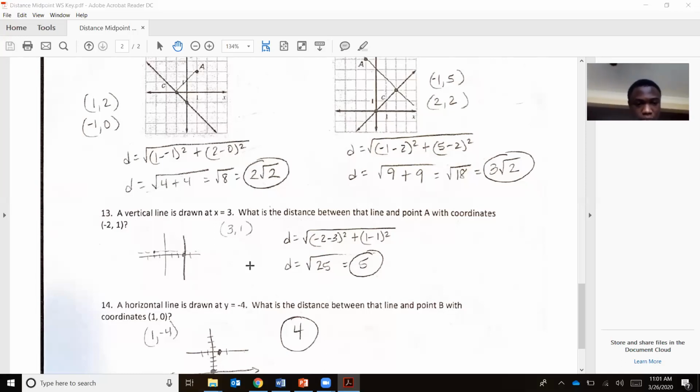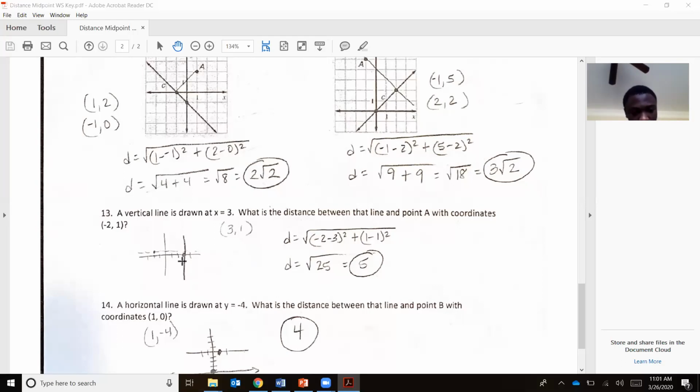Oh, okay. That's just a distance question, right? So she didn't use the distance formula there. Wouldn't it be 3 minus 0? Like, how did you get to that though? A vertical line is drawn at x equals 3, okay?